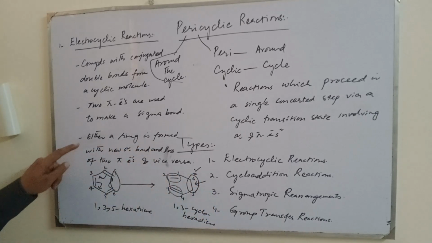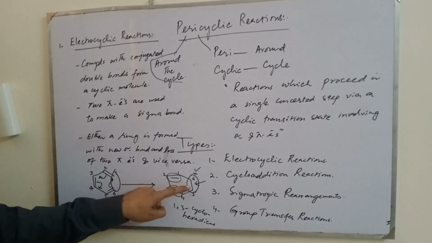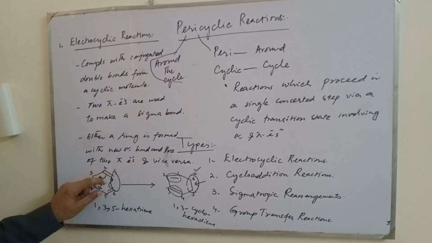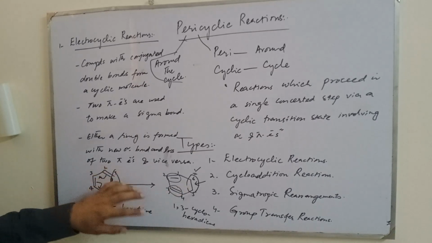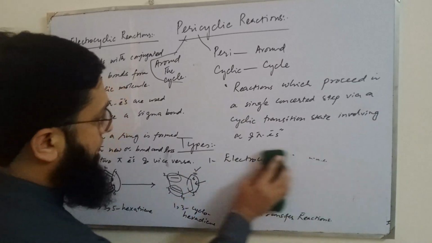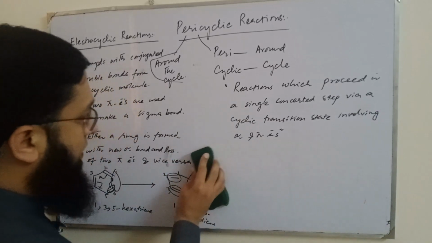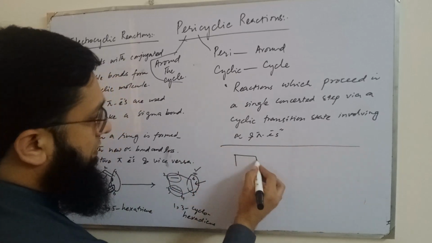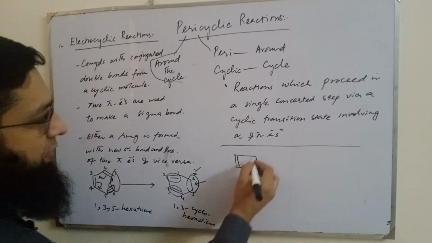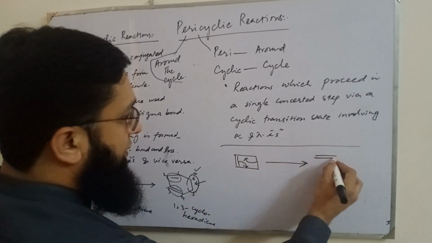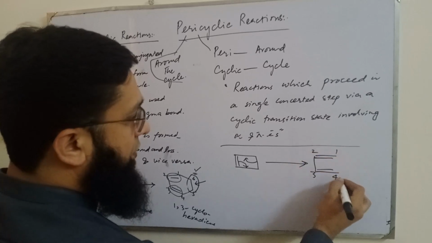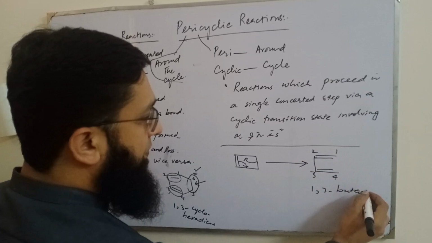So this states that either a ring is formed with a new sigma bond and loss of 2 pi electrons. So 2 pi electrons have been used to make this sigma bond, and it can be vice versa. For example, in an electrocyclic ring opening reaction, this shifts here, this shifts here, and we get 1,3-butadiene.